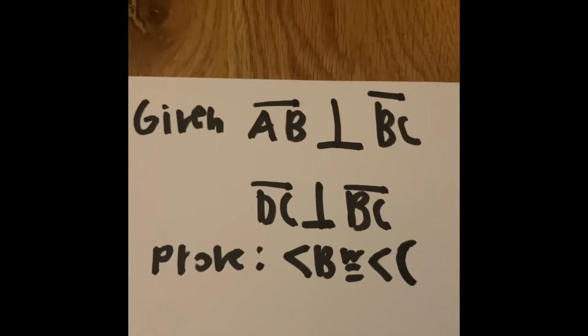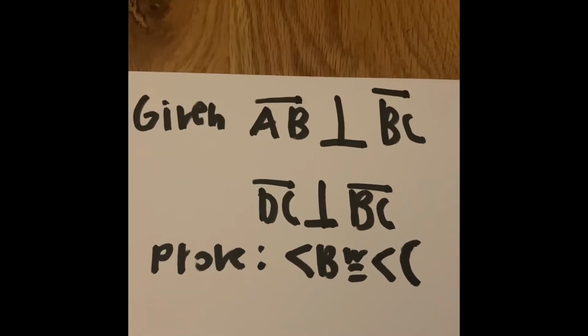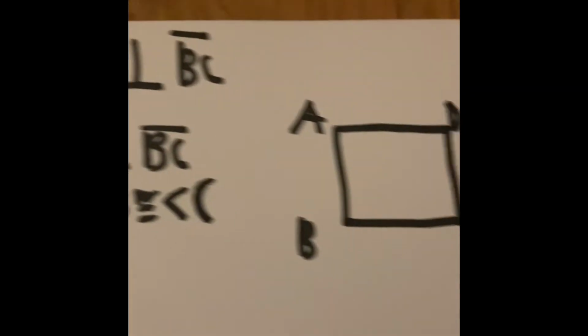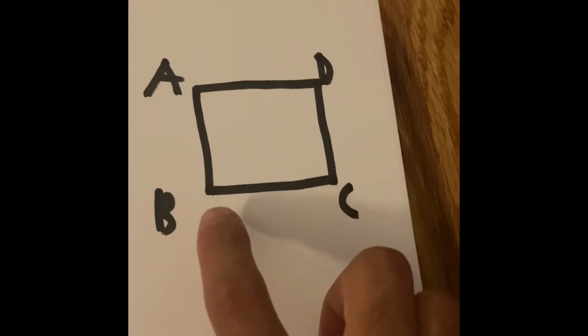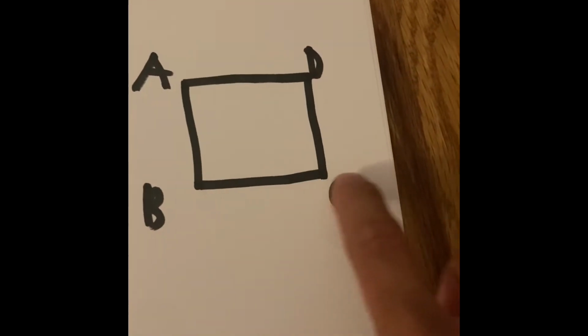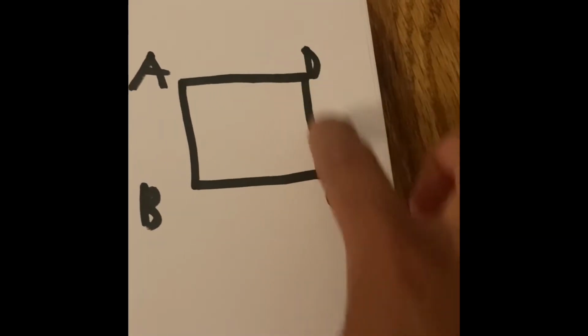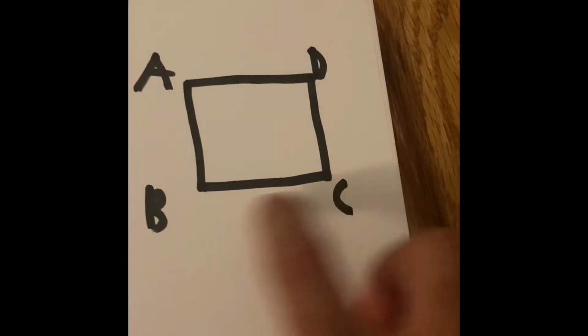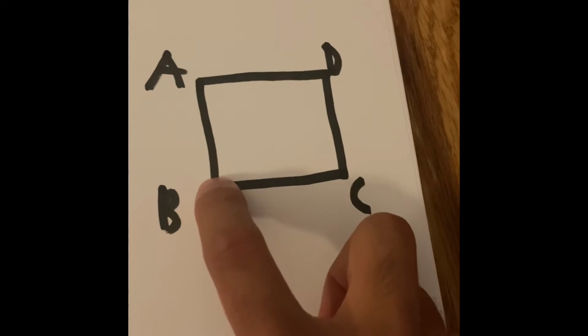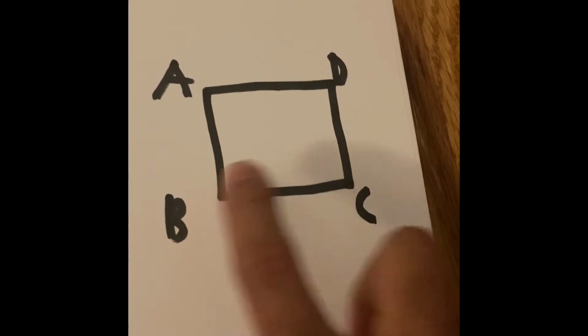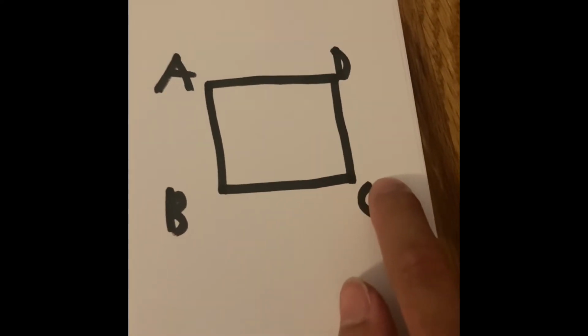We have to prove that angle B is congruent with angle C. Here is what our picture looks like. And we have to prove that this angle right here is exactly the same measurement as this angle right here.